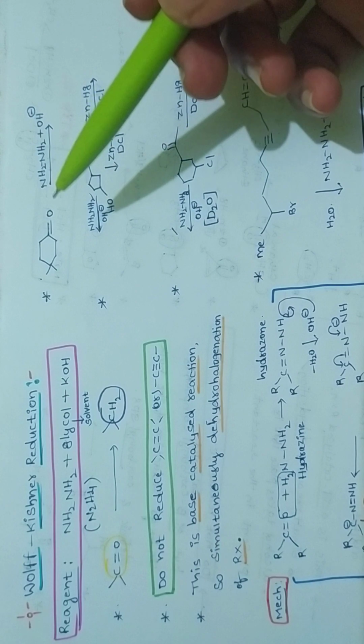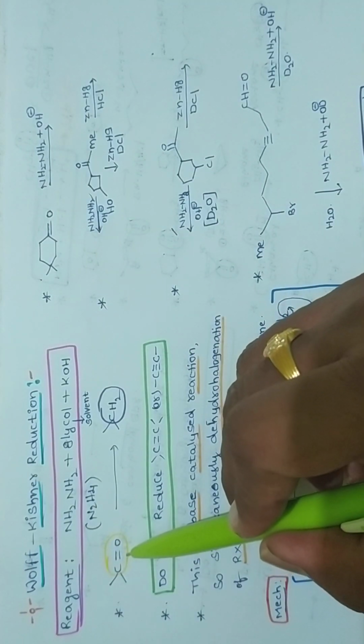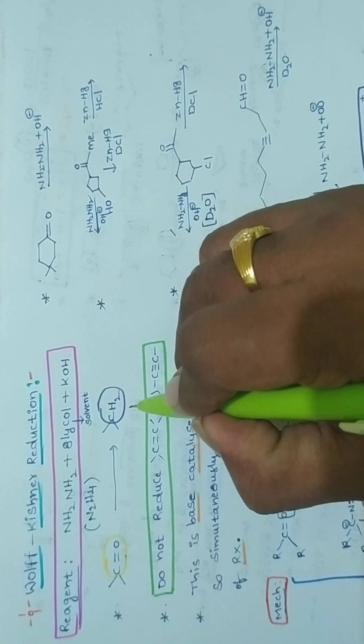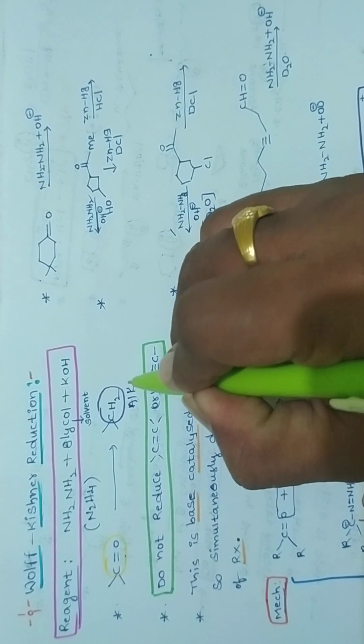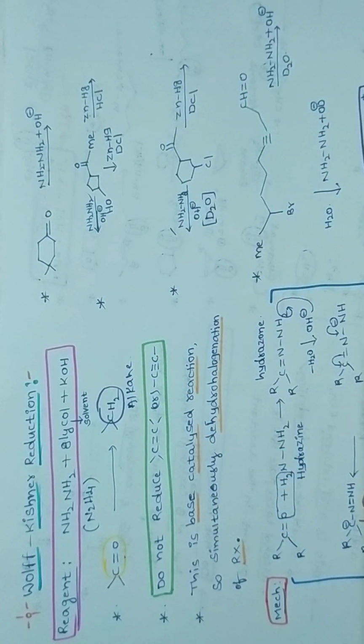The CO group, the carbonyl group, is converting into a CH2 group. The carbonyl compounds are converting into alkanes. The same product we get in Wolff-Kishner reduction and Clemmensen reduction: carbonyl compounds are converted into alkanes.